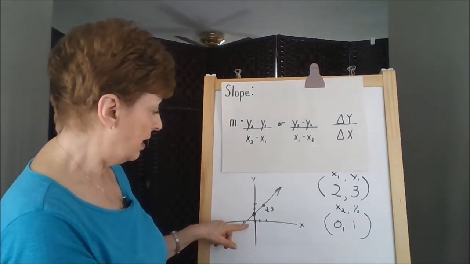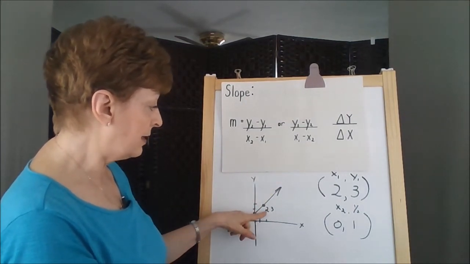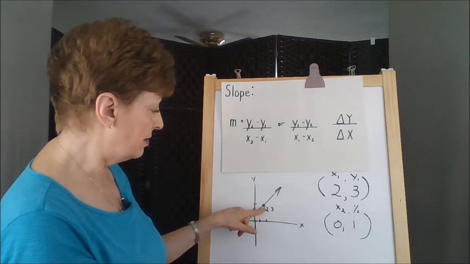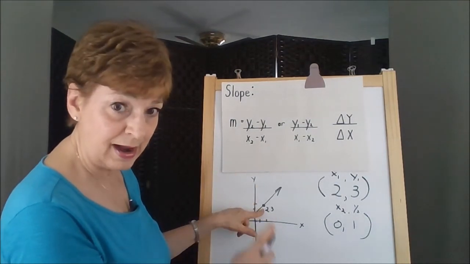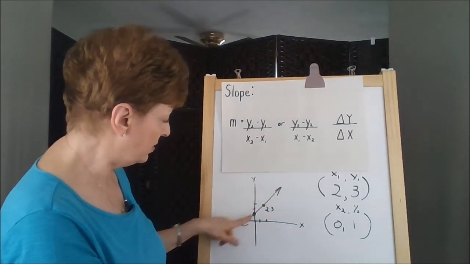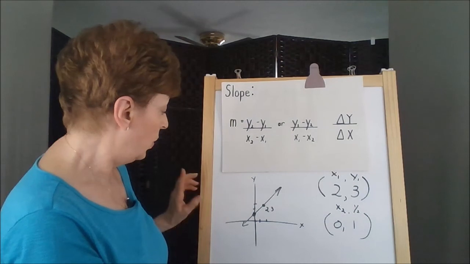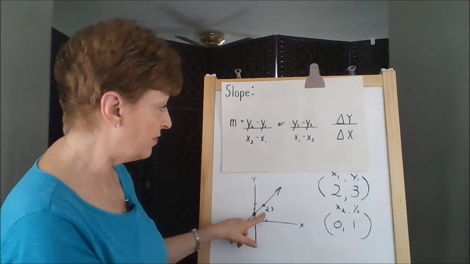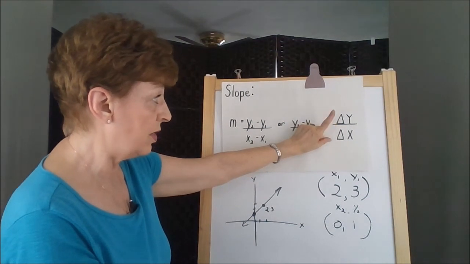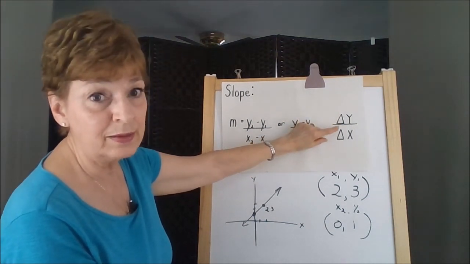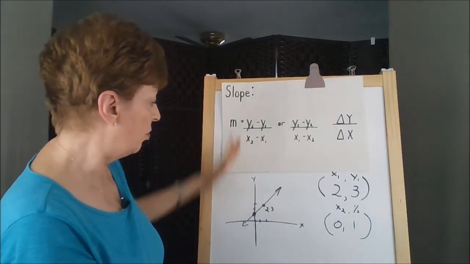Also, as the line keeps going, the x value is also changing. This 2, 3 is a point on the graph, but the line continues on, and it also goes backwards too. So our x value is also going to change. So this is telling you that the change in y divided by the change in x will give you the slope of this line.